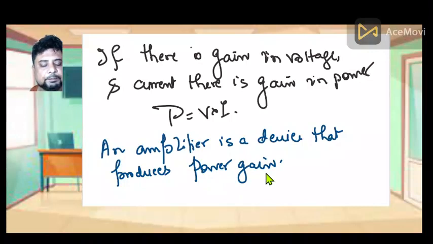This is the definition of amplifier. In most cases, when a student is asked in the viva voce what an amplifier is, he says that it produces gain in current, or that it increases the current and the voltage. The simple answer is: an amplifier is a device that produces power gain. Power is the most important quantity.